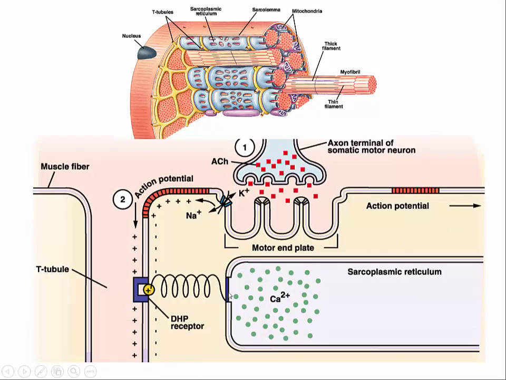Once a calcium release channel is closed, the sarcoplasmic reticulum is going to use these calcium ATPase pumps that are all along the sarcoplasmic reticulum, and they're pumping the calcium back in from the sarcoplasm into the sarcoplasmic reticulum. This is against a concentration gradient, so you have to use energy in the form of ATP to pump this calcium back, hence the name a calcium ATPase pump.